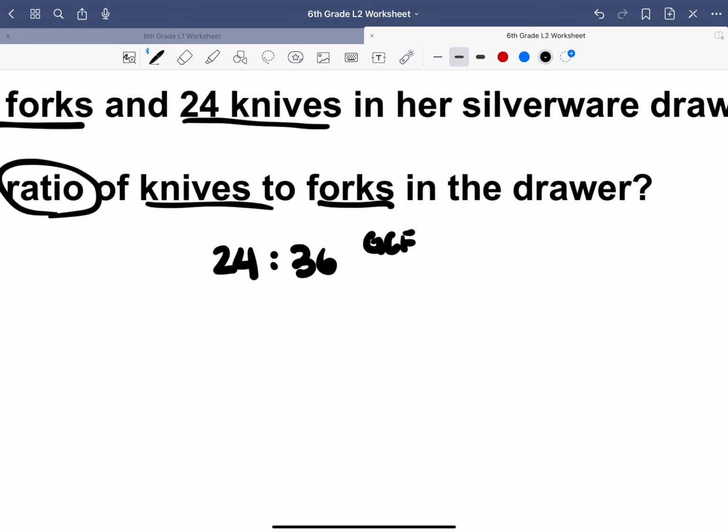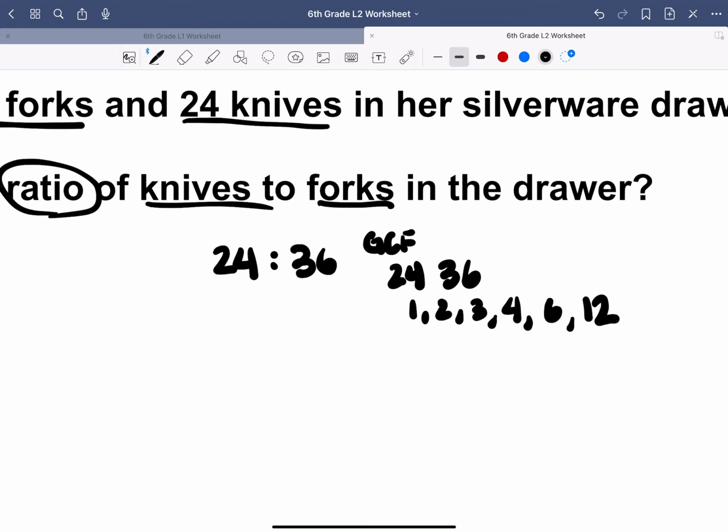So GCF, we have 24 and 36. Now we know the common factors for these are 1, 2, 3, 4, 6, not 8, because 8 is only here for 24. And then there is 12.